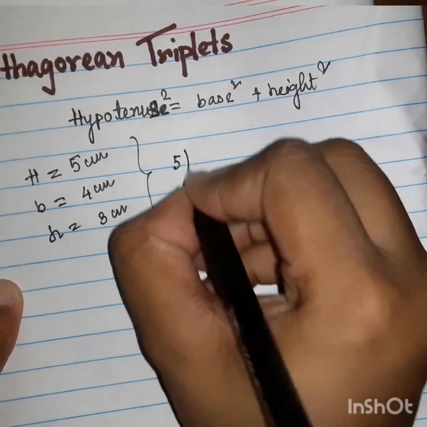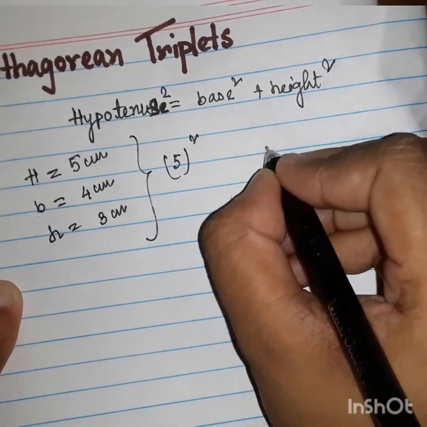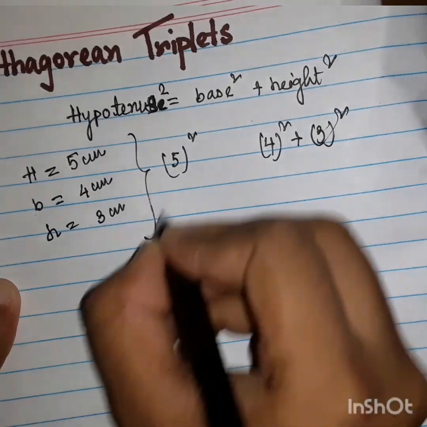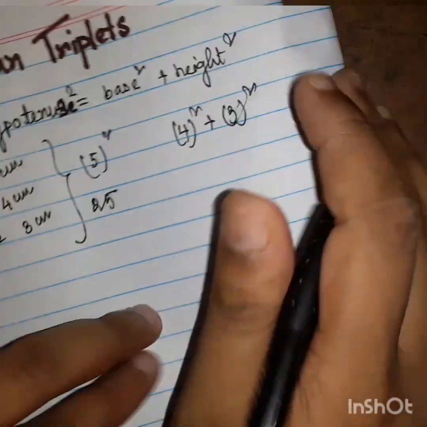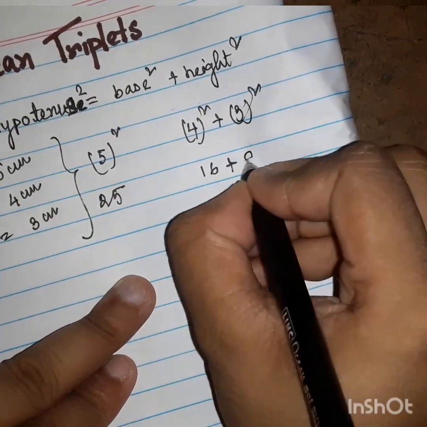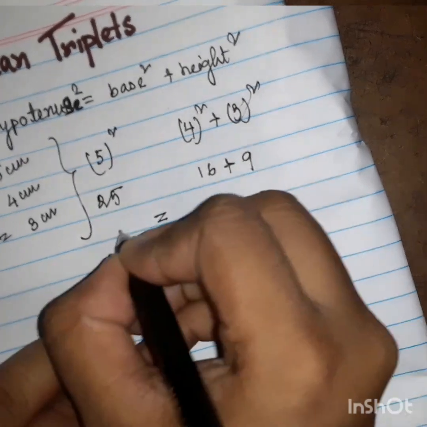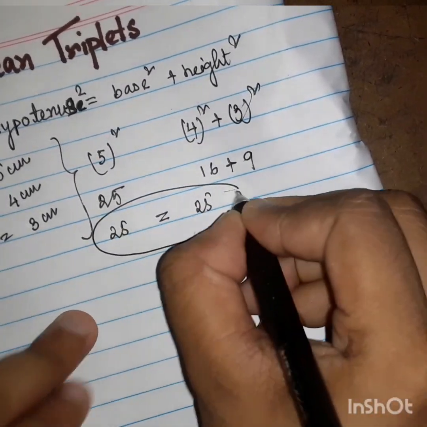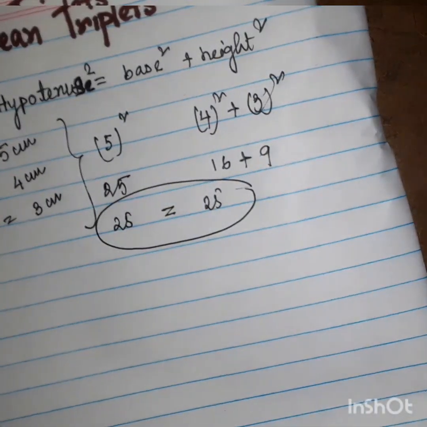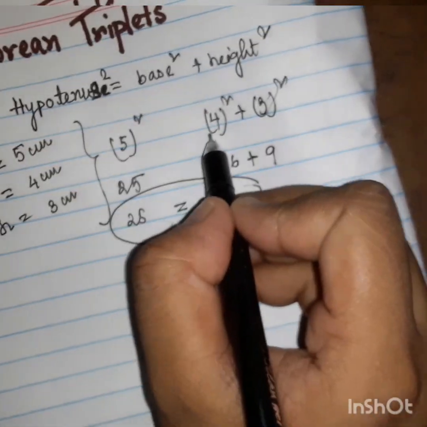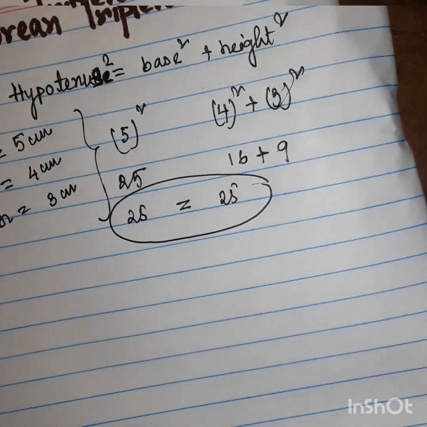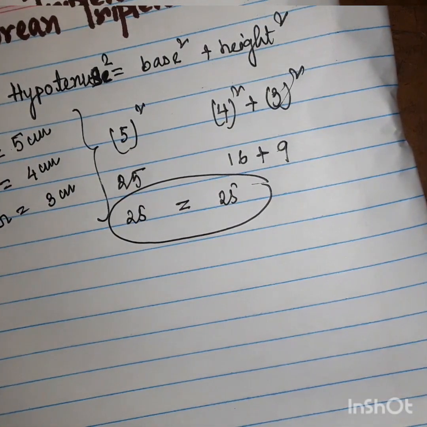That is 5 square and 4 square plus 3 square. 5 square became 25, 4 square became 16 and 3 square became 9, and they are equal to each other. That is, if 5 centimeter, 4 centimeter and 3 centimeters are the three sides of a right angle triangle, they easily satisfy the Pythagoras theorem.